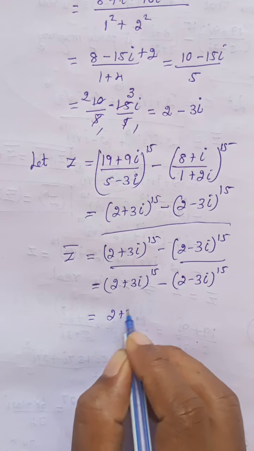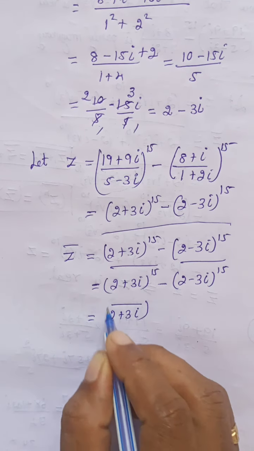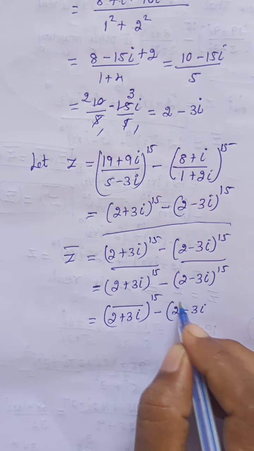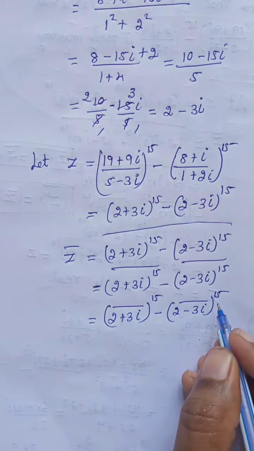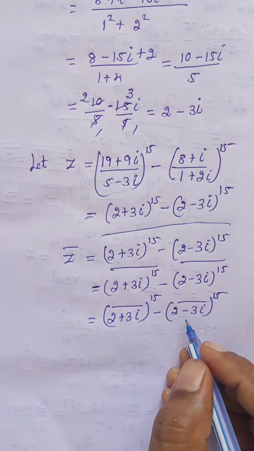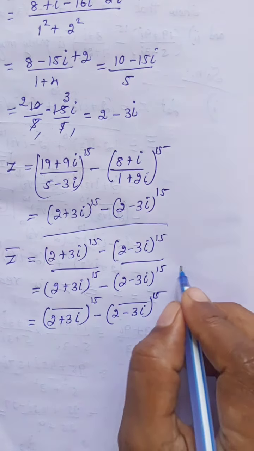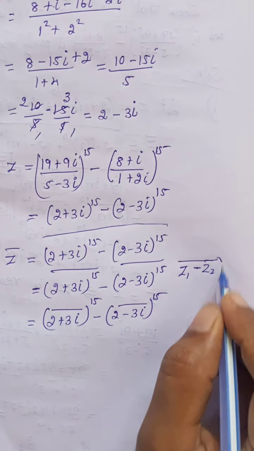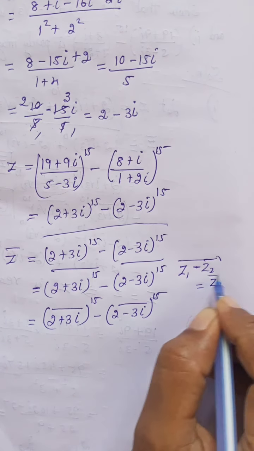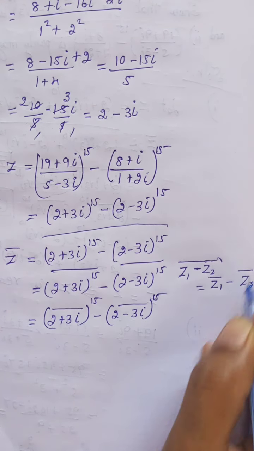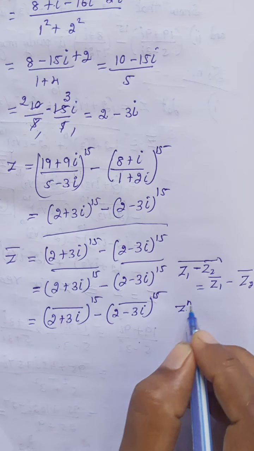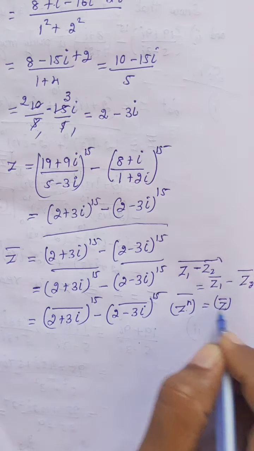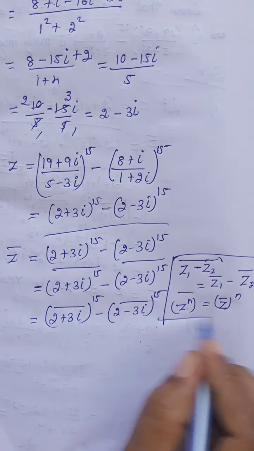Now we can write it as (conjugate of 2 + 3i)^15 minus (conjugate of 2 - 3i)^15. For this, you can use the rules: the conjugate of z1 - z2 is z1 bar - z2 bar, and the conjugate of z^n is (z bar)^n.